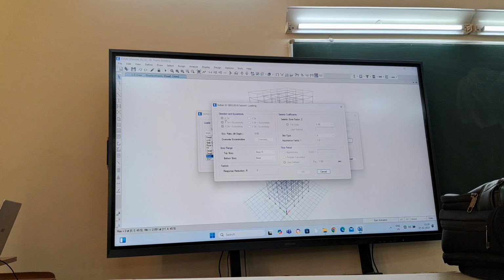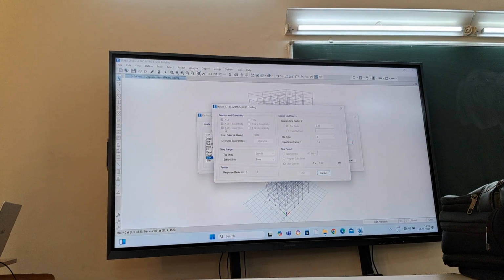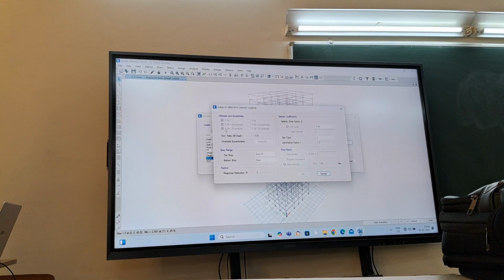See, we have checked these three boxes. For each one of these, it is giving the result. Now, if you have a lot of irregularities, you will sometimes identify difference in the result shown. But if you do not have any irregularities in the model, it doesn't matter whether you are selecting or not selecting. But to be on the safer side, you have to check all of these.